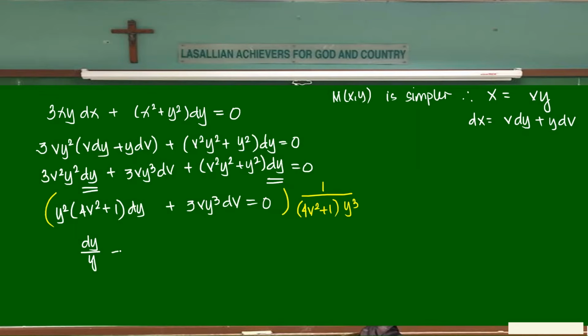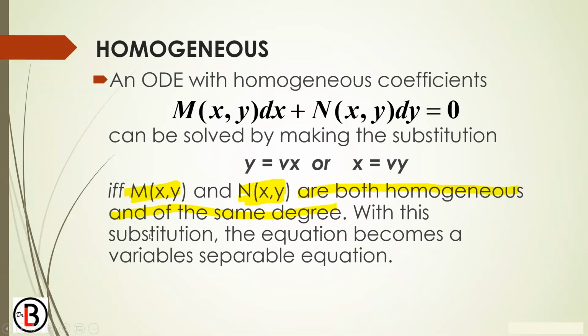Therefore, dy over y plus 3v over 4v squared plus 1 dv is equal to 0. So now, is it purely a function of y lang and purely a function of v? Okay, what can we do? What can we conclude? That with this substitution, the equation becomes a variables separable equation.